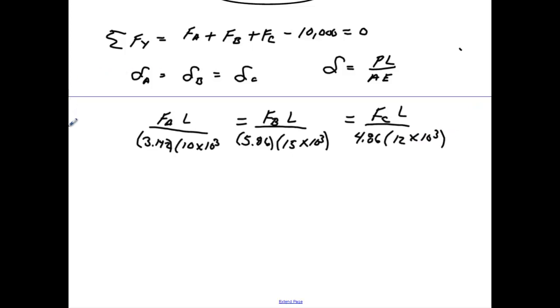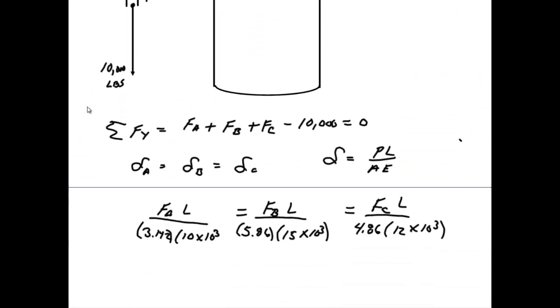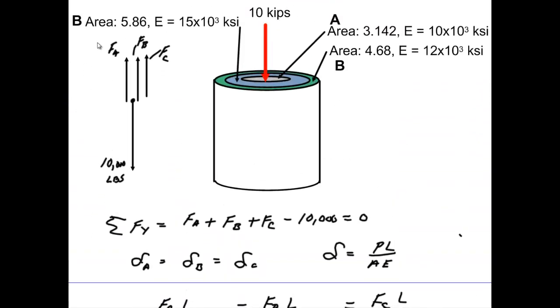Let's scroll up and make sure we got those areas right. We have 3.142 for A, 5.86 for B, and 4.86.